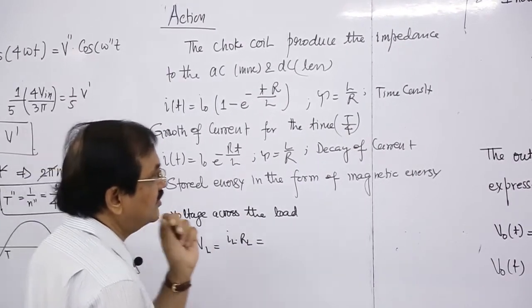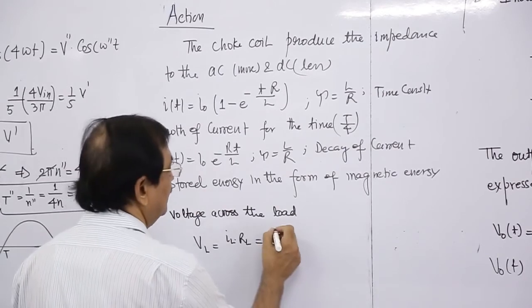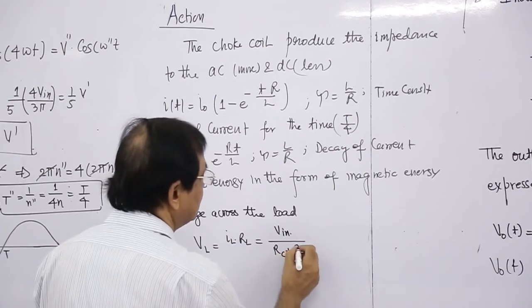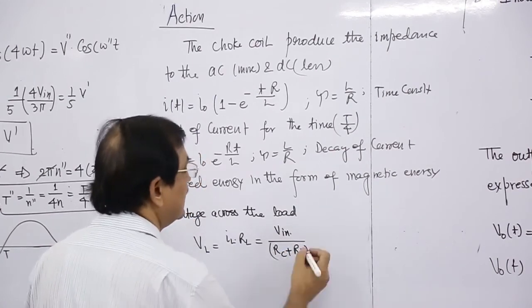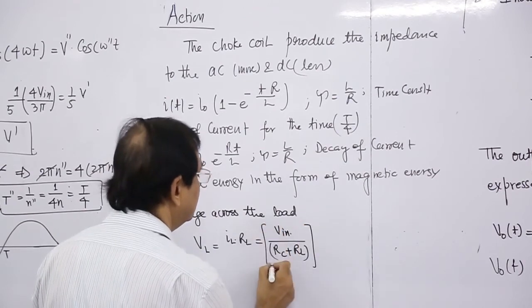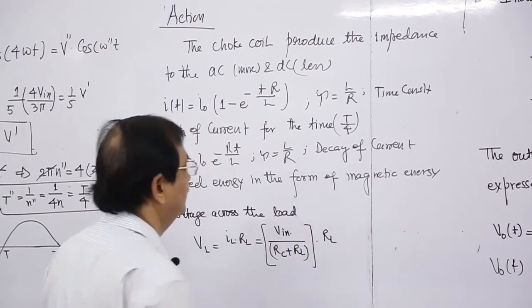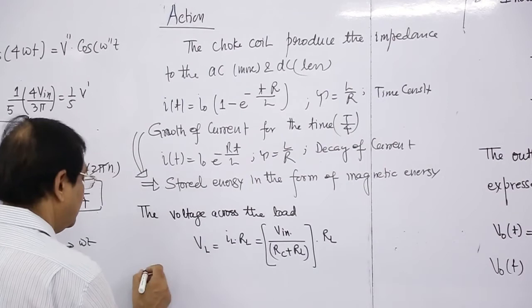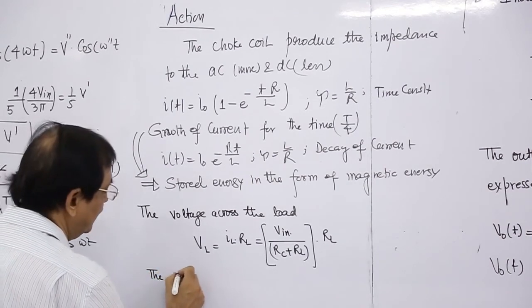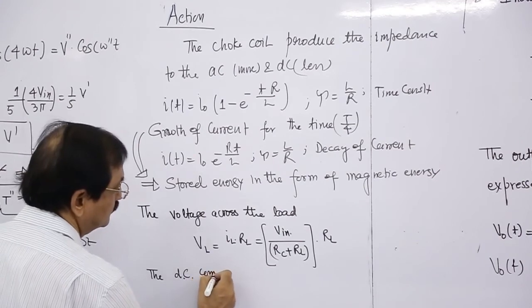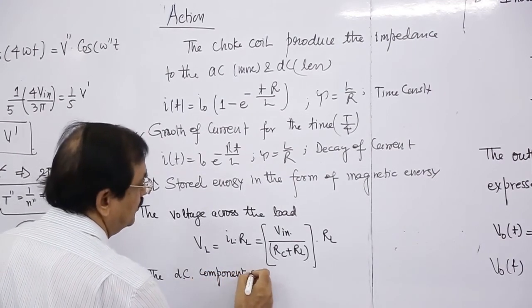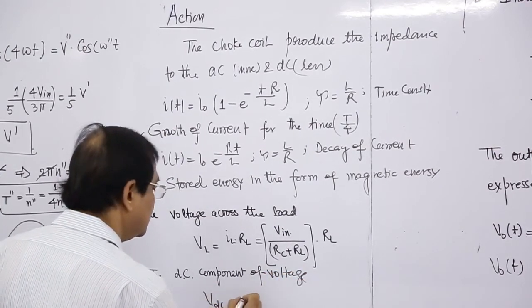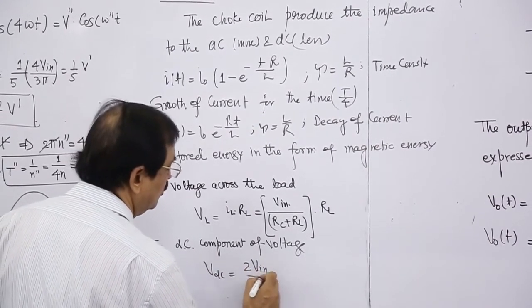This current is VIN divided by RC plus RL, into RL. The DC component of voltage, VDC, is equal to 2 VIN over pi.